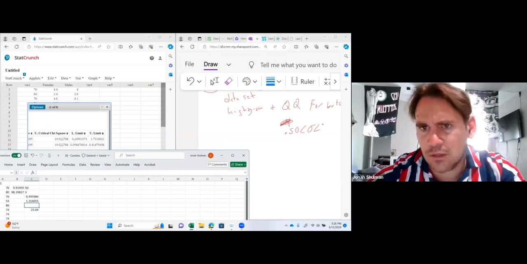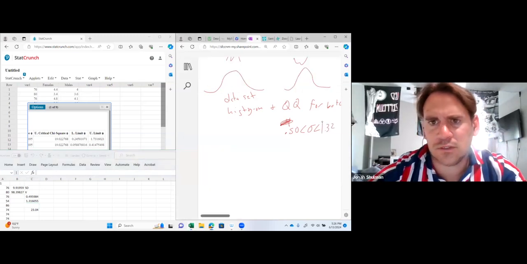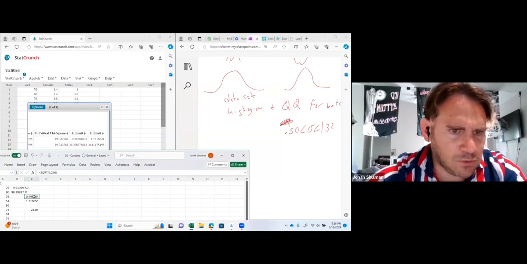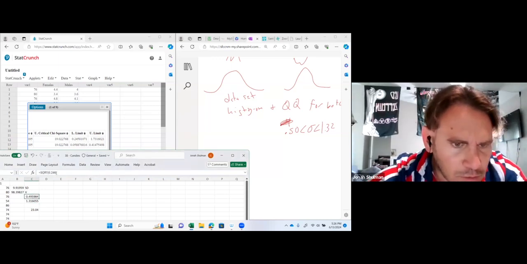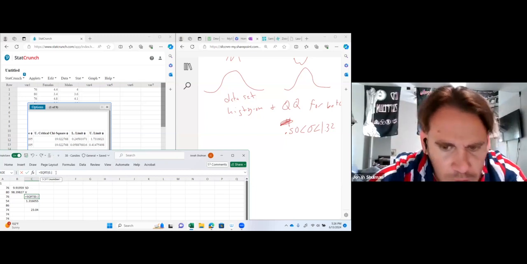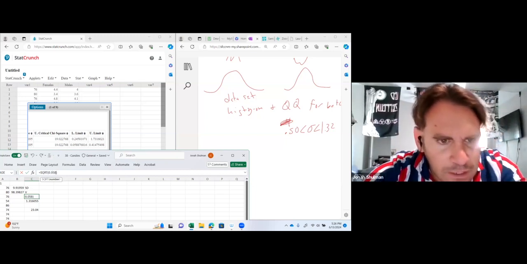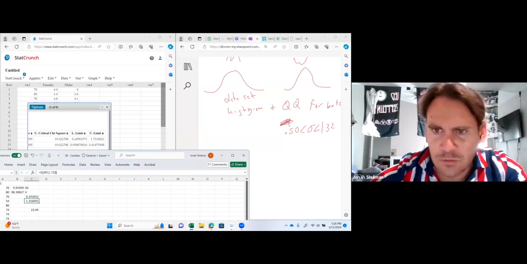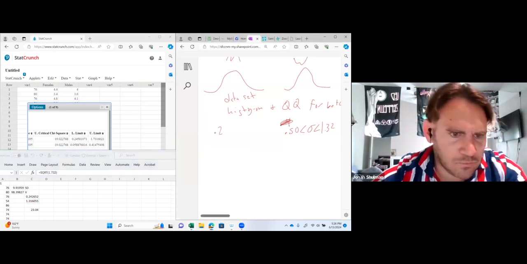That's the girls. Let's put the boys. So the boys are between 0.05888. The boys are between 0.24.